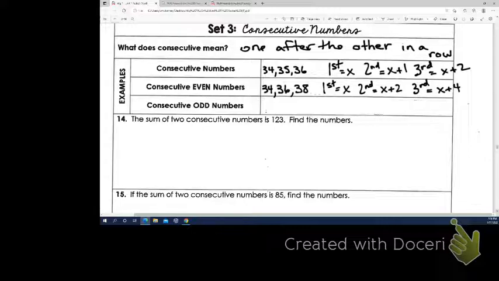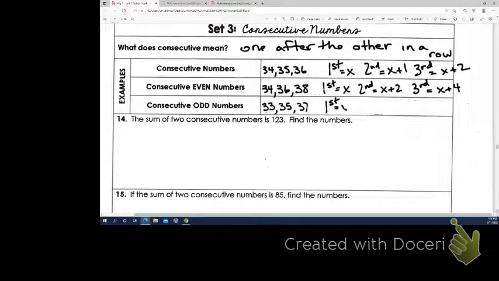And then the last type of consecutive number problem would be consecutive odd numbers. So odd numbers, for instance, would be like 33, the page we just left, 35, and 37. So even though the numbers are odd, they actually still jump by 2's, right? What's the difference between any of those next to each other? 2.